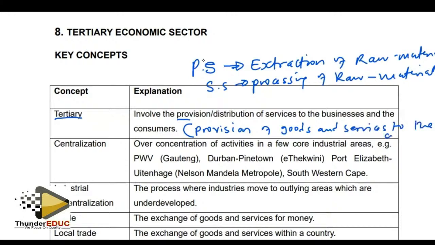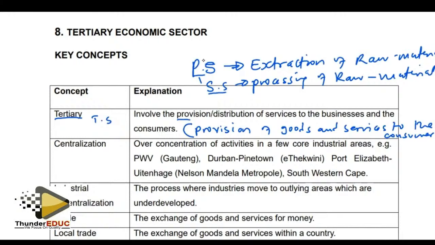So the primary sector, secondary sector, and tertiary sector are interlinked, meaning raw materials move from the primary to the industries, they are processed into goods, then goods are taken to the tertiary sector, where they will be provided to the consumers.